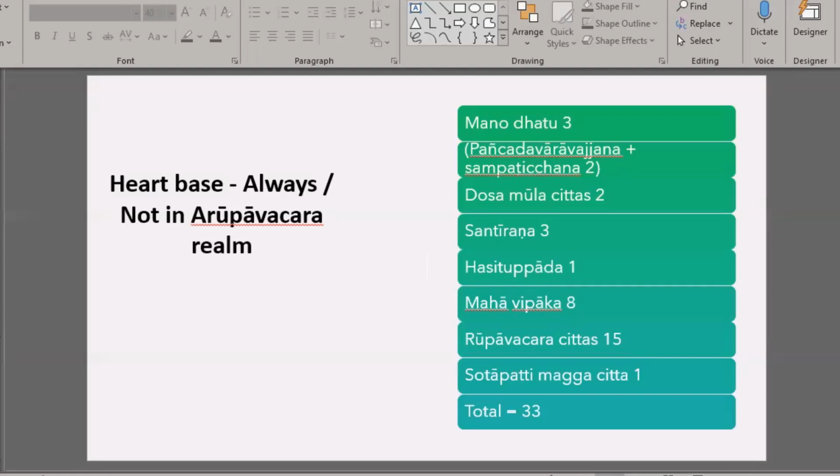So some may argue, if so, why not for Buddha and Pacceka Buddha? Because Buddhas and Pacceka Buddhas appear only in the Kama realm. They are only human. Buddhas and Pacceka Buddhas arise only in the human realm.